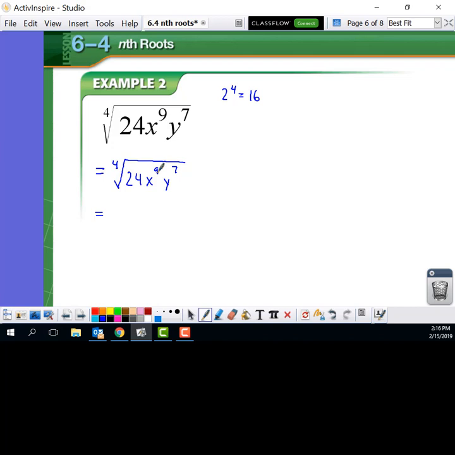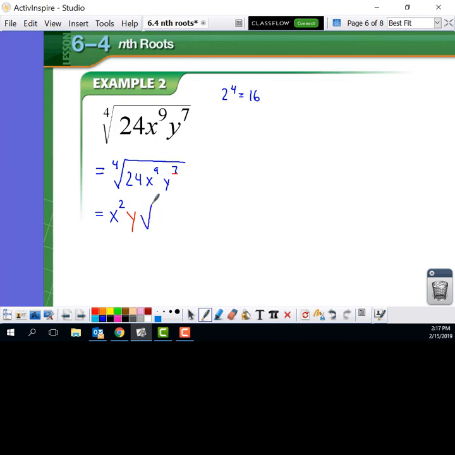So what we're going to bring out is not 1 x, but x squared. Okay? Repeat the same process for y. 7 is clearly larger than 4, so see how many times 4 goes into 7 evenly. And that's only one time. So we just are going to bring a y to the first power out of the radical.